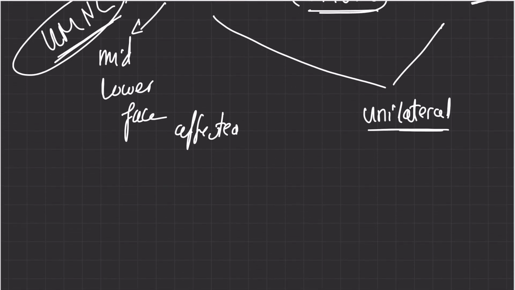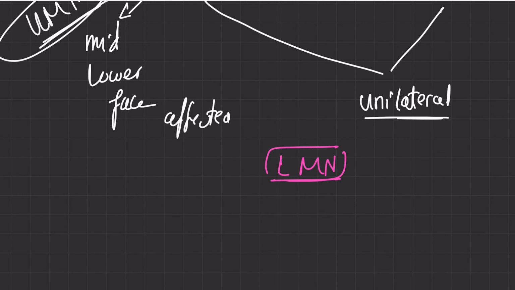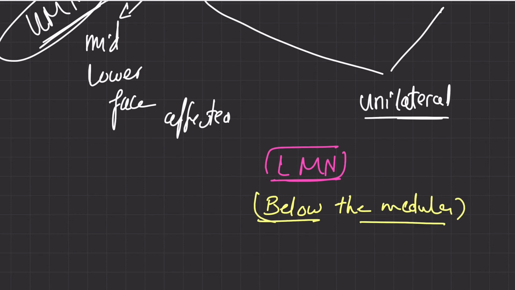On the other side, for the lower motor neuron injury, the injury is almost all the time below the medulla. So it does not matter if the anterior or the posterior facial nucleus is affected, because this is way beyond it.